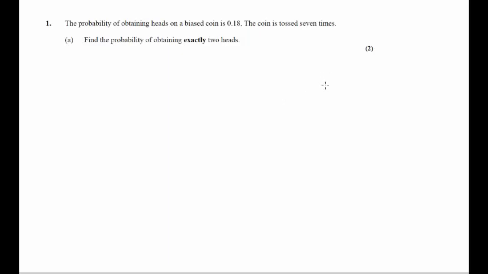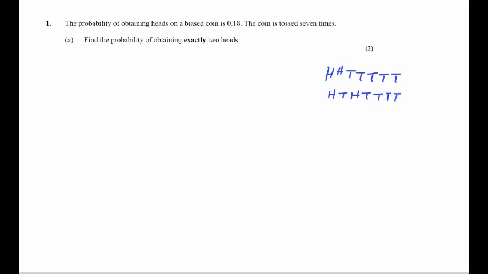So if you think about it, you're going to flip the coin 7 times, and you could start off as heads, and then the other 5 times need to be tails, or we'd have heads, tails, heads, then the other 4 times need to be tails.